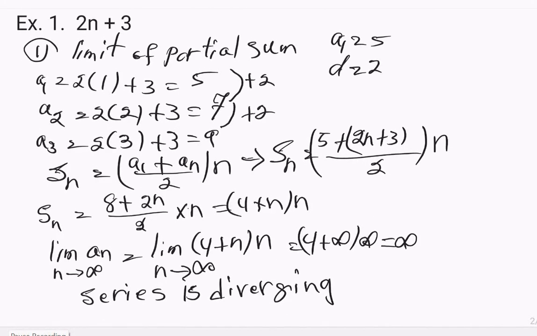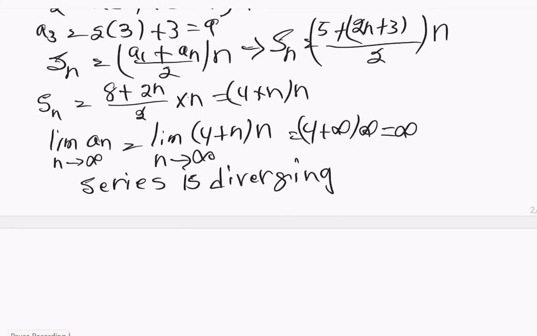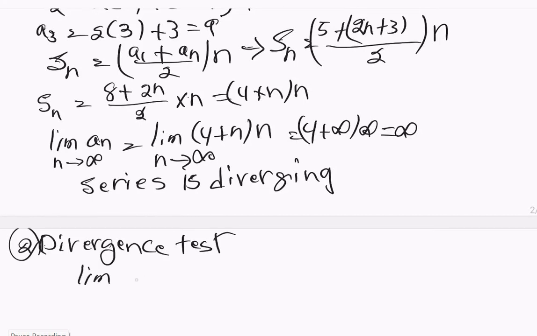Another way to find whether or not a series is converging or diverging is using the divergence test. So we take the limit of a sub n as n approaches infinity.